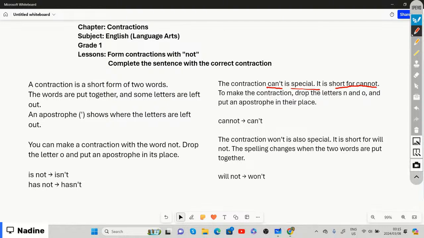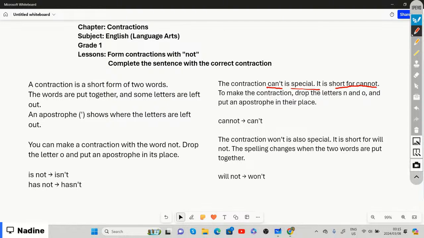It's like saying, I cannot do this. That's the same as saying, I can't do it. He cannot open his bottle, right? He can't open his bottle.